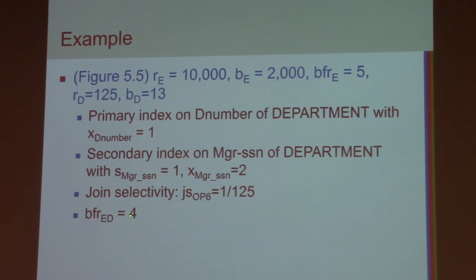The blocking factor of ED means, when you join employee and department, what is the blocking factor? It's not the same as the blocking factor of E or D, because you combine the two. So that is 4. Only 4 rows for each block.